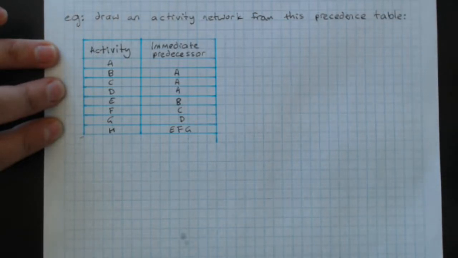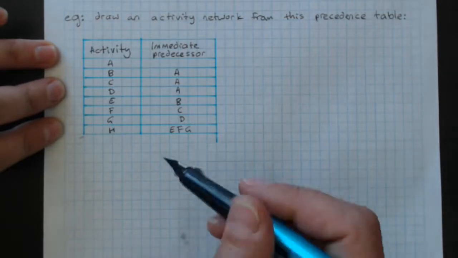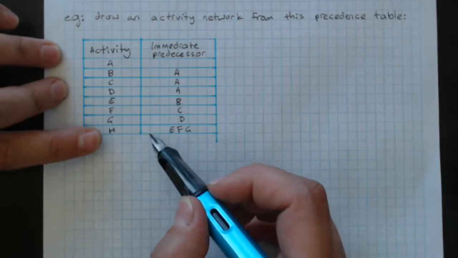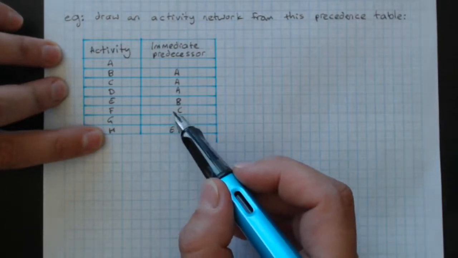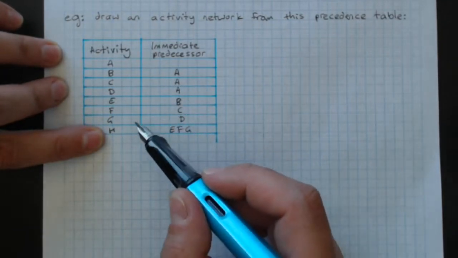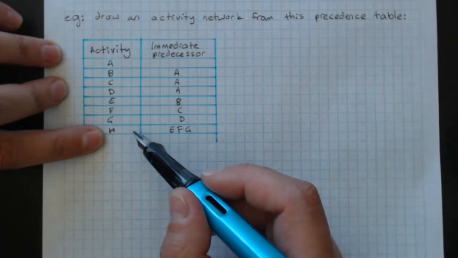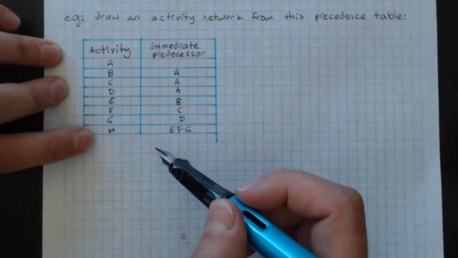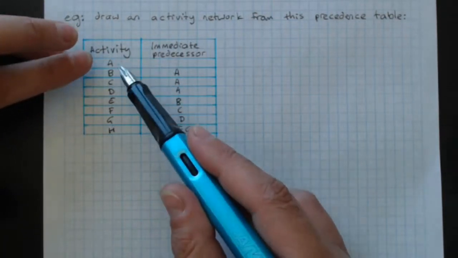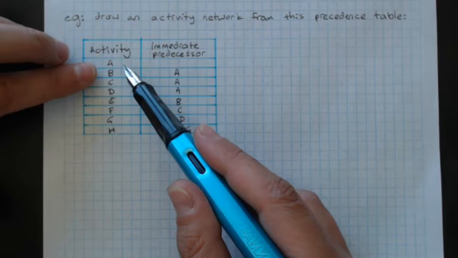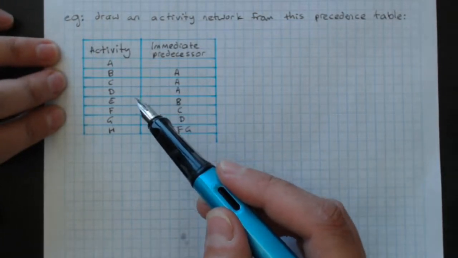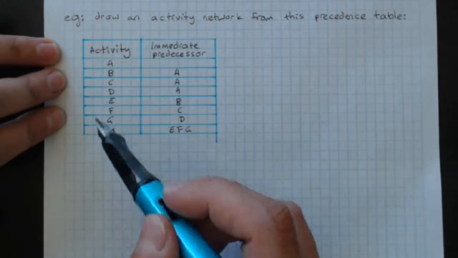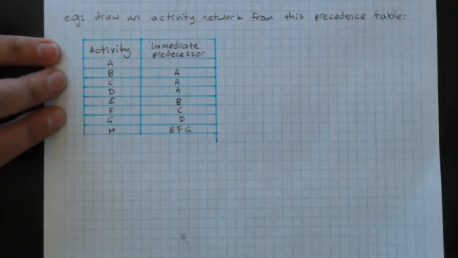So basically, any activity that isn't an immediate predecessor, so H is not a predecessor for anything else, means that H is going to lead to the finish. Any activity that has no immediate predecessor follows from your start vertex. So we've got a start and a finish vertex, and our network connects those two.